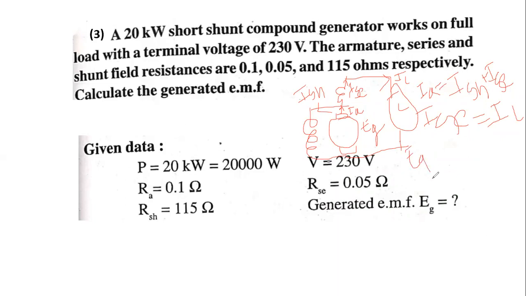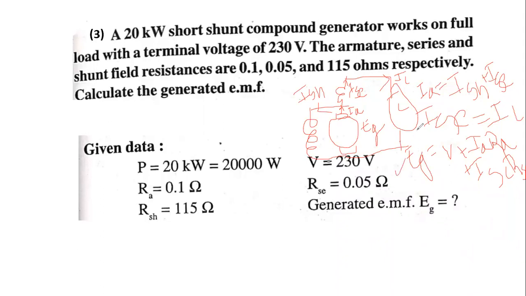Therefore we can write the voltage equation, that is EG. What is the voltage across this load? V. So EG is equal to V plus IA RA plus ISC RSC.